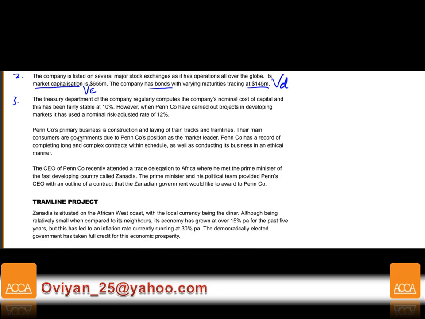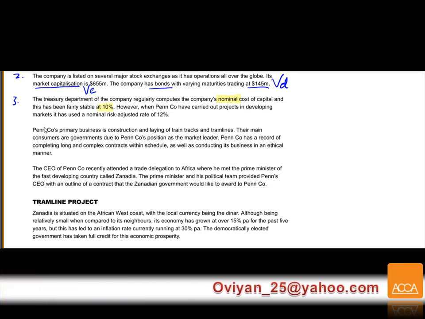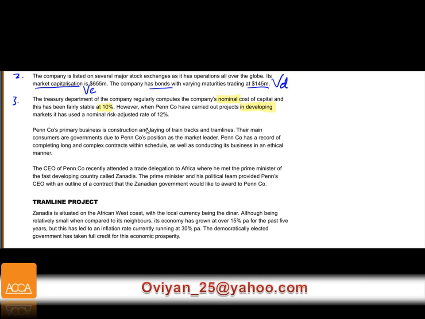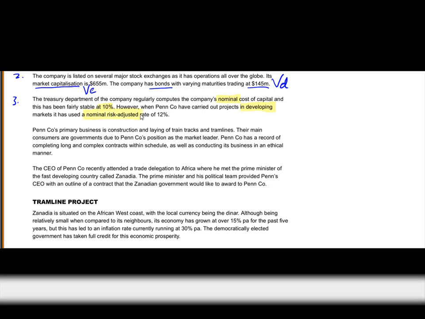Paragraph number 3. The Treasury Department of the company regularly computes the company's nominal cost of capital that has been fairly stable at 10%. Now this is going to be your existing WACC. However, when Penn Company has carried out projects in developing markets, in an emerging market, it has used a nominal risk adjusted rate of 12%.